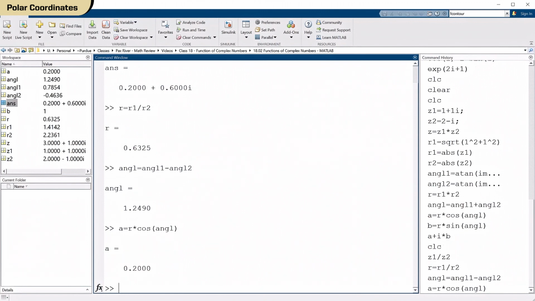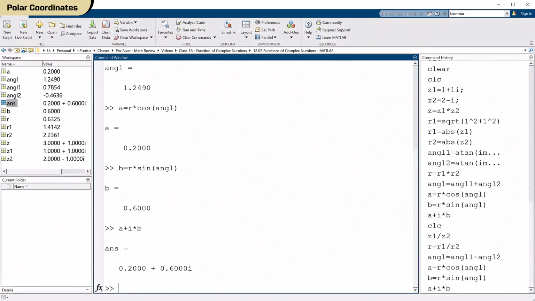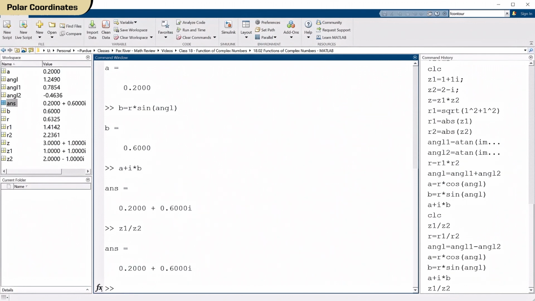Oh, look at that. Man, don't you love it when a plan comes together? And there it is. So a plus ib is 0.2 plus 0.6i, just like it was when we said z1 divided by z2. Got the same answer.